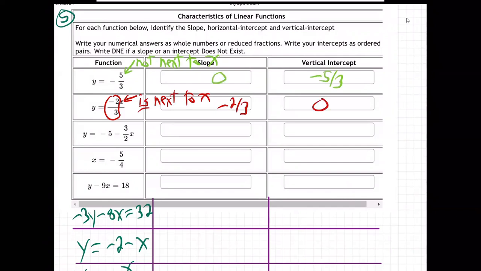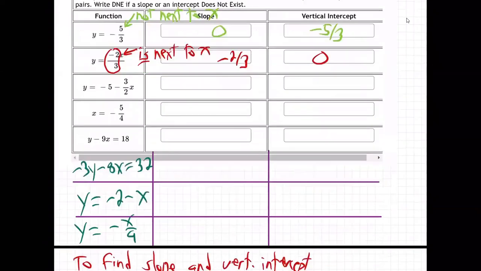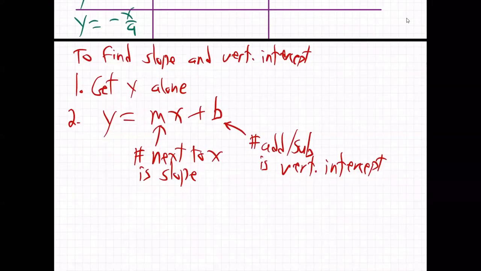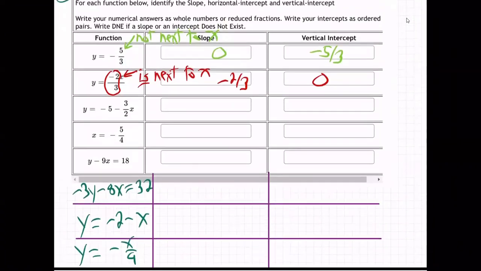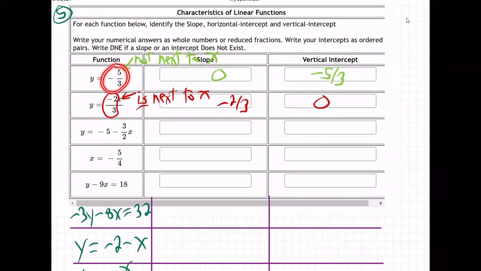Okay, did you track with that? Because the other numbers are missing. So one more time, look right here. The number next to x is the slope. And the other number, added or subtracted, is the vertical intercept, right? So come back up here. This number is not next to x, so it's not the slope. It is the vertical intercept.